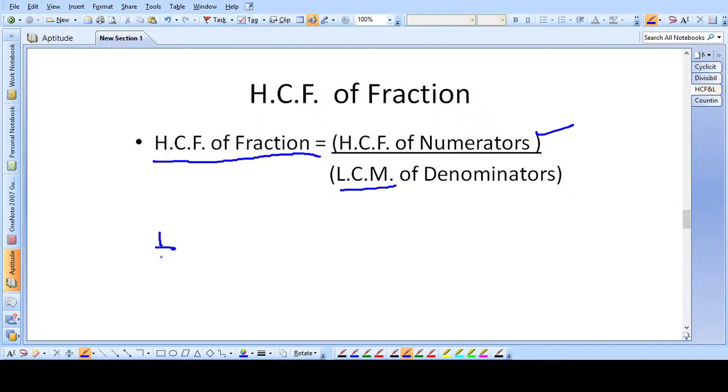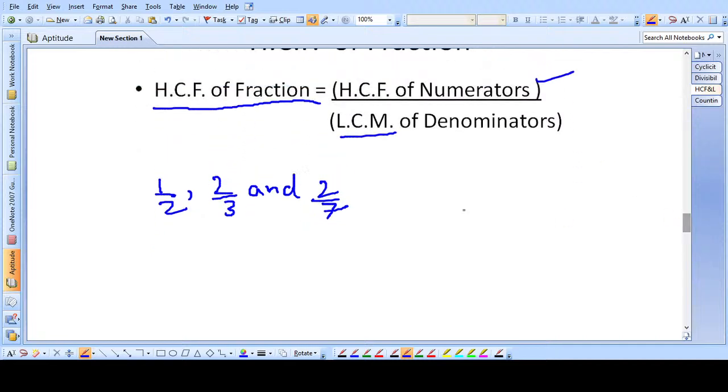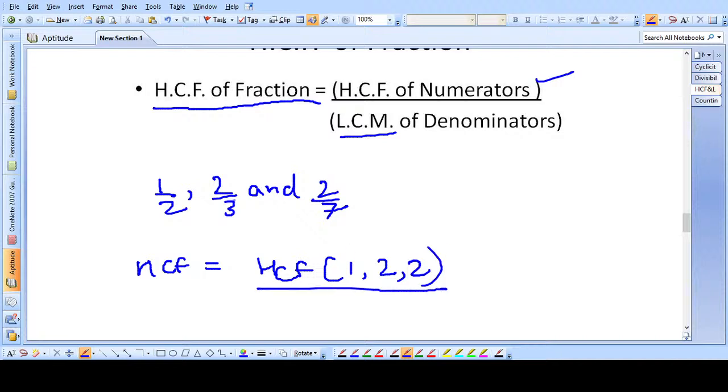Let me take the fractions 1 by 2, 2 by 3, and let's take one more, 2 by 7. Very simple. It is asking for the HCF of these fractions. What will be the HCF of the numerators? 1, 2 and 2 are in the numerators.